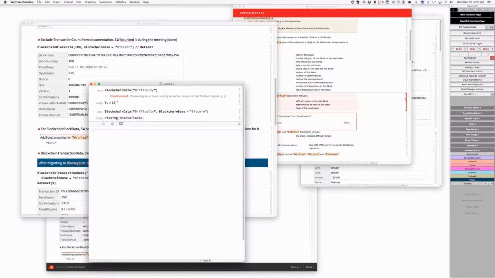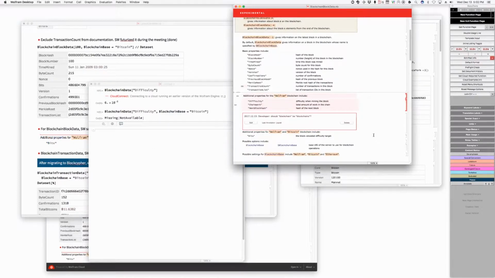Right, but to mine a block, can't we request that data from somewhere else? It's basically a constant. How constant is it? Constant for years or constant for days? Years, I think.